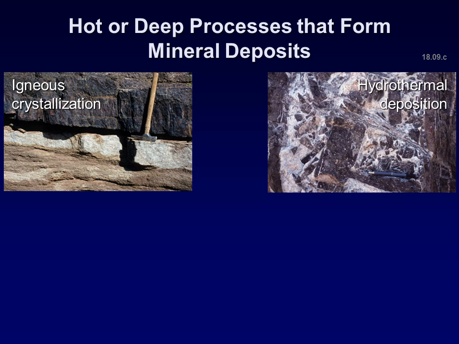The next one is hydrothermal deposition. Just like the name says, hydrothermal, this is from hot water, but it's usually from hot water along a fracture, in hot springs, or vents along the seafloor. So along the seafloor, they're what are called black smokers.